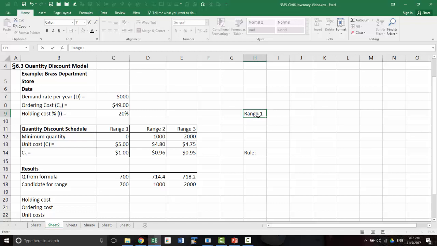Range 1 is actually from 1 to 999. Range 2 is 1000 to 1999. Range 3 is 2000 and above.